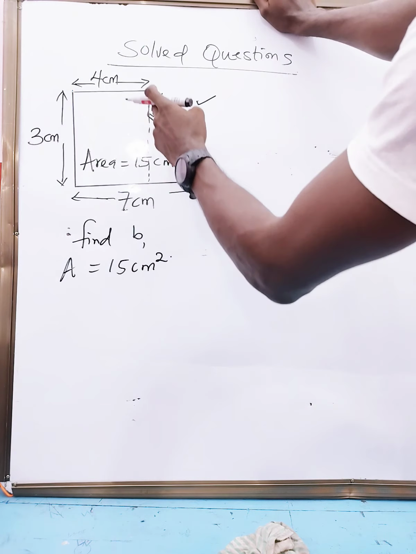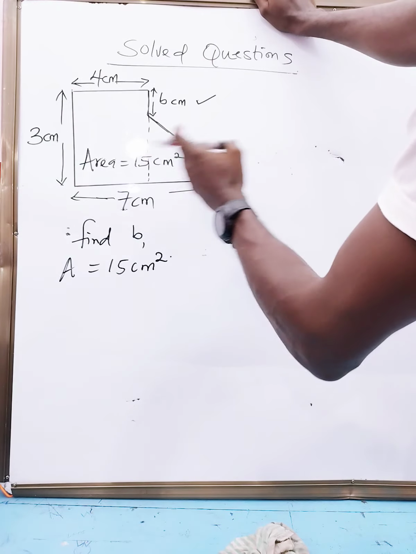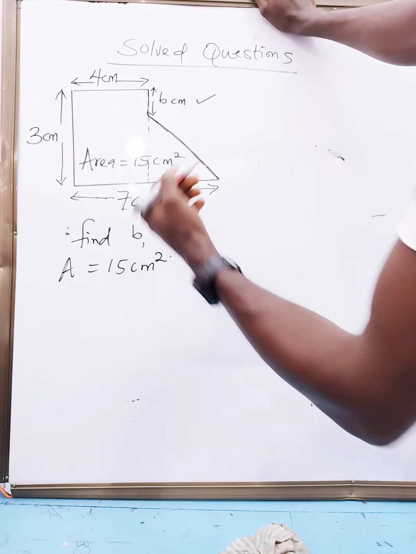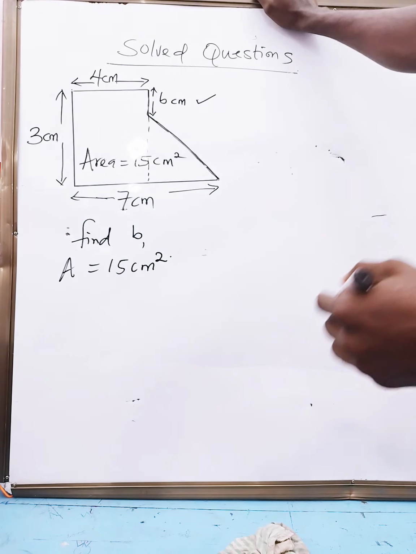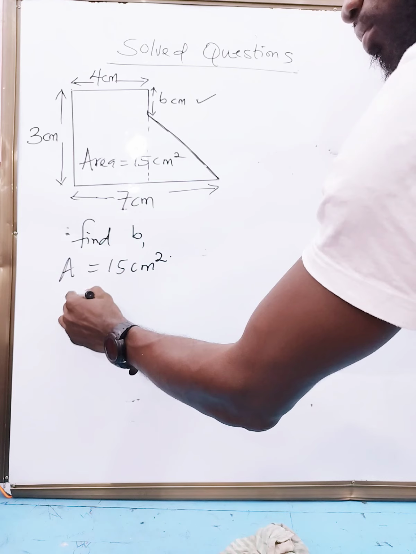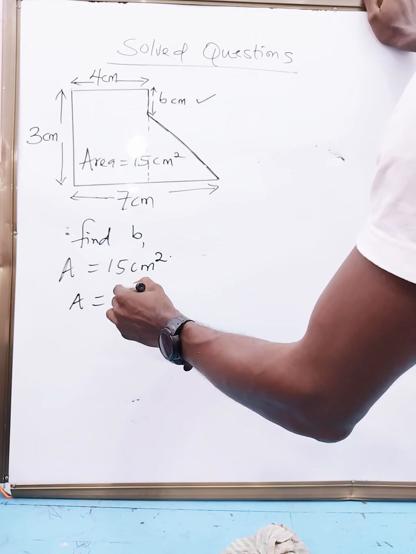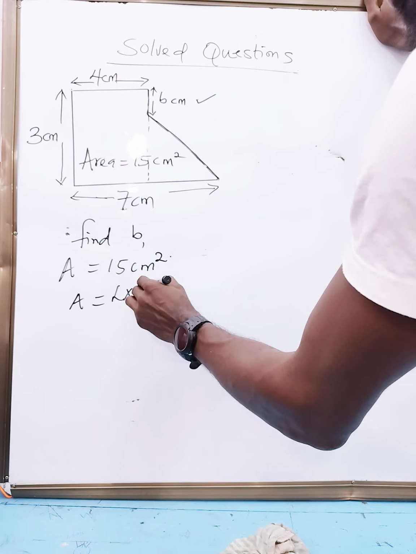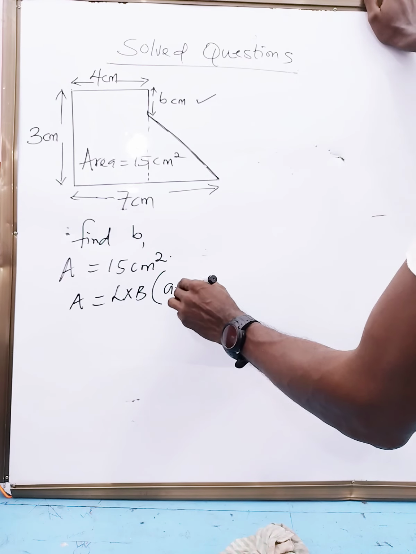Having divided this shape into two parts, rectangle and triangle, let's work out the area of the rectangle. We remember that the area of a rectangle is length times breadth.